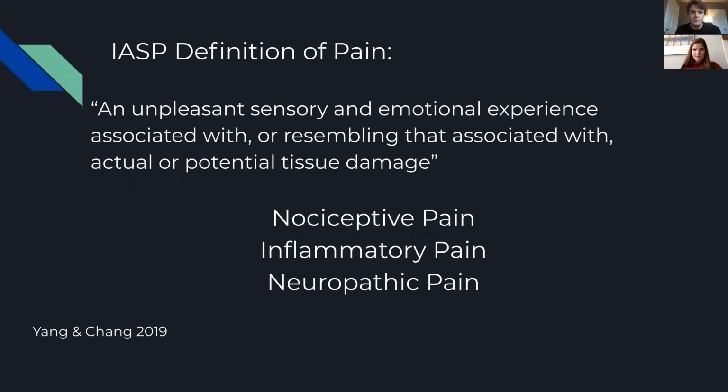There's three ways to break down pain: nociceptive pain, inflammatory pain, and neuropathic pain. Nociceptive pain is the response of sensory systems to actual or potentially harmful stimuli detected by nociceptors. Inflammatory pain is associated with tissue damage and the resulting inflammatory process, which may also lead to hyperalgesia or allodynia. And neuropathic pain is a localized sensation of unpleasant discomfort caused by damage or disease in the peripheral or central nervous system.